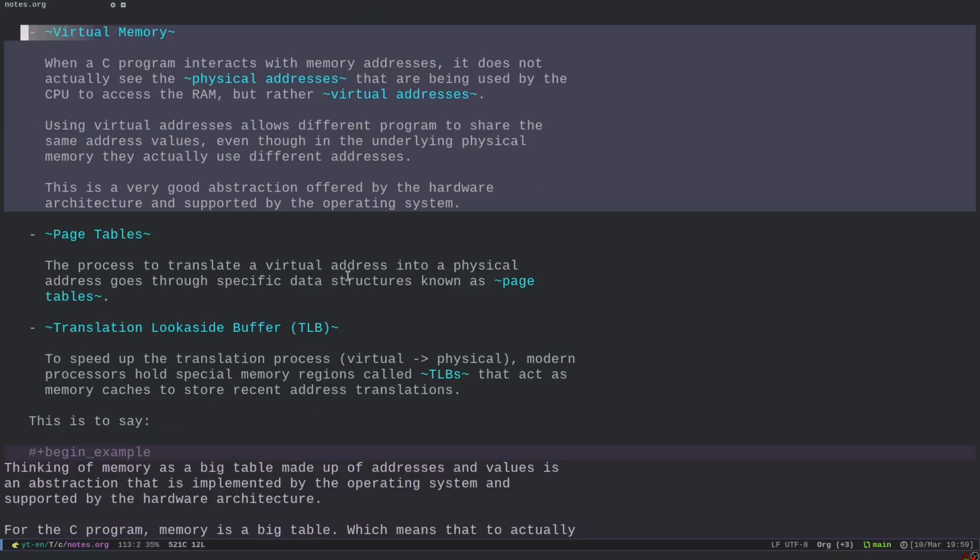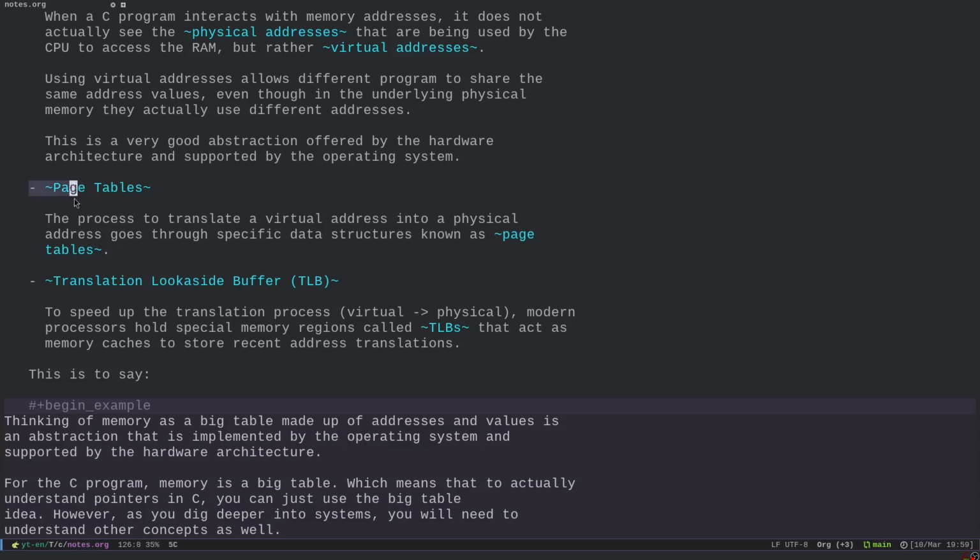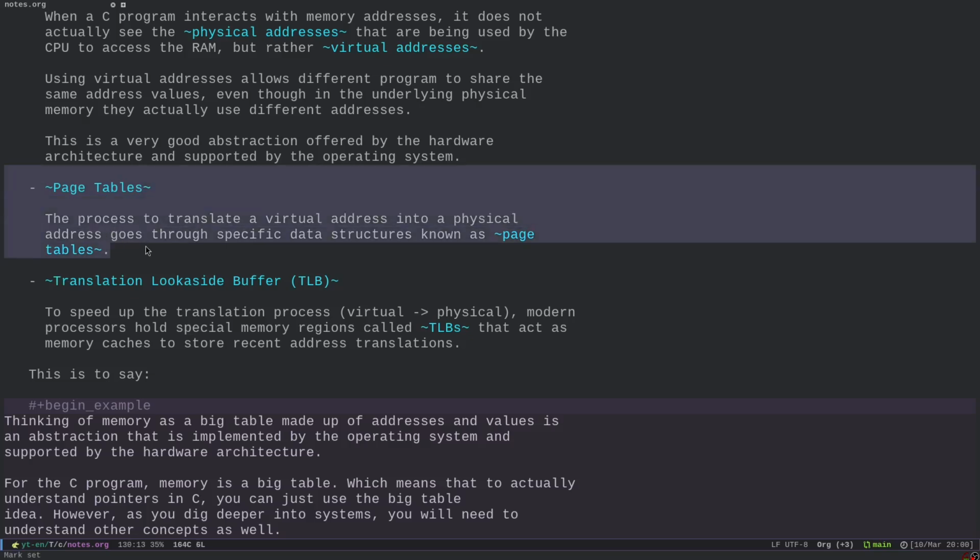Now, to support the concept of virtual memory, you have a bunch of different components, such as page tables, which are used when translating a virtual address into a physical address. They are a key data structure used by the kernel of the operating system, for example, by the Linux kernel. So this is implemented in and supported by the OS.